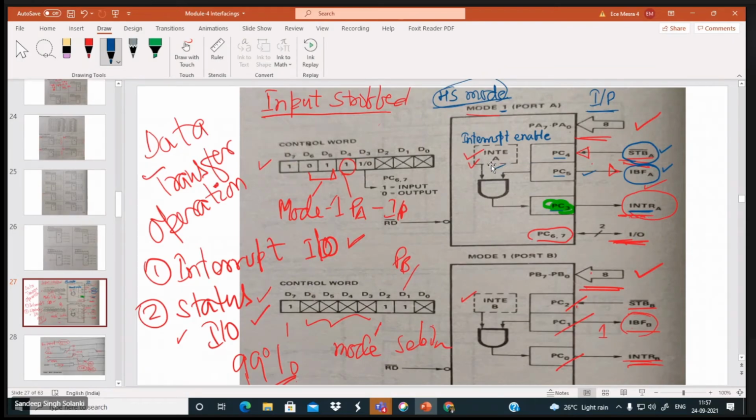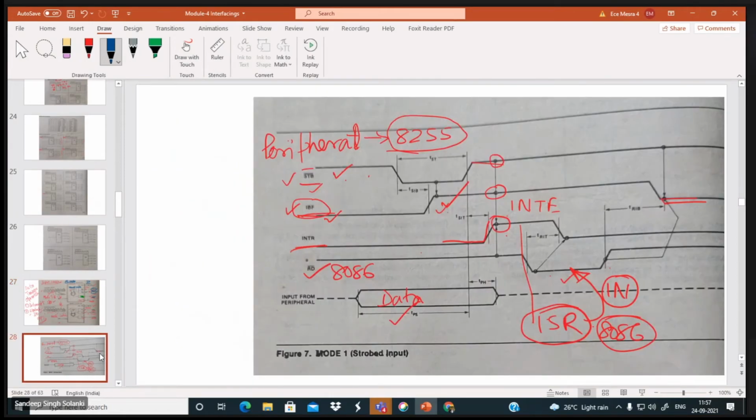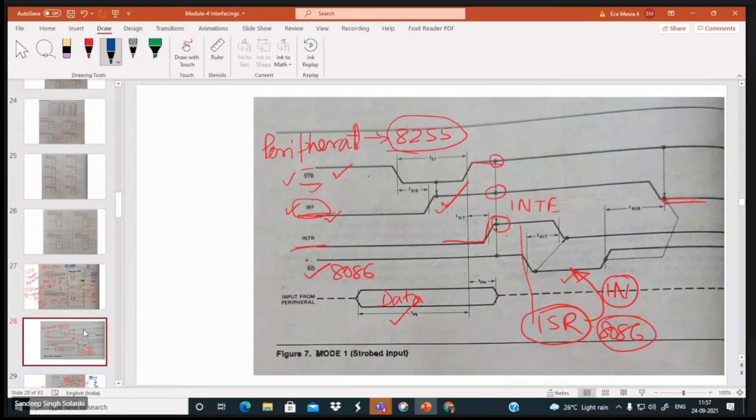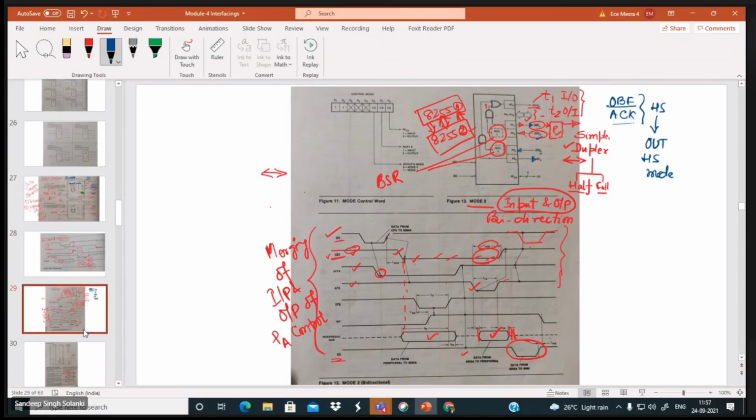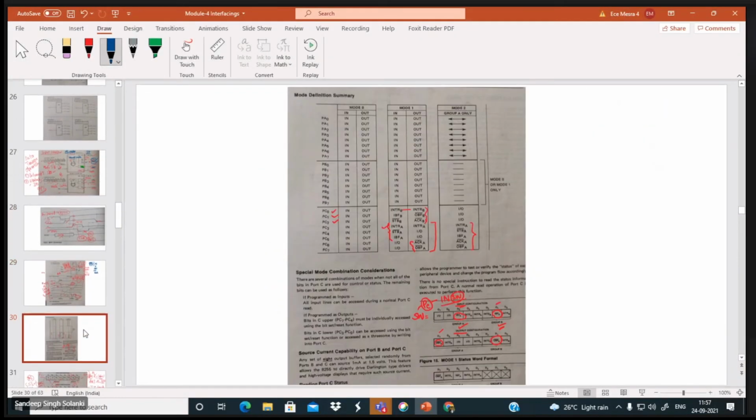Then definitely you have to find how to enable this. So what is the answer? No, sir. So the answer is that you should know the status word. Then only you can do this.